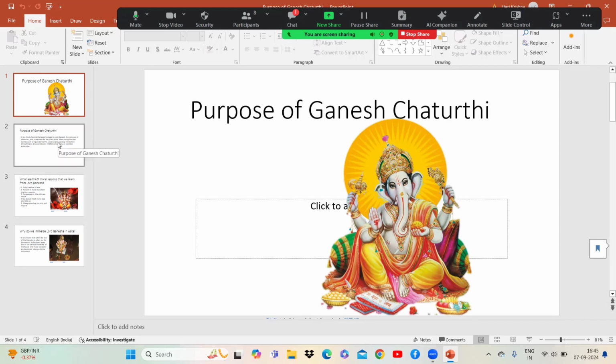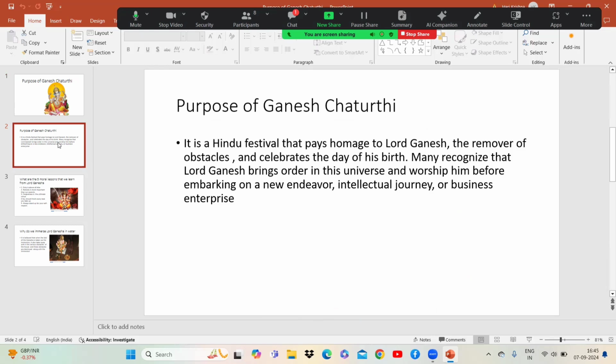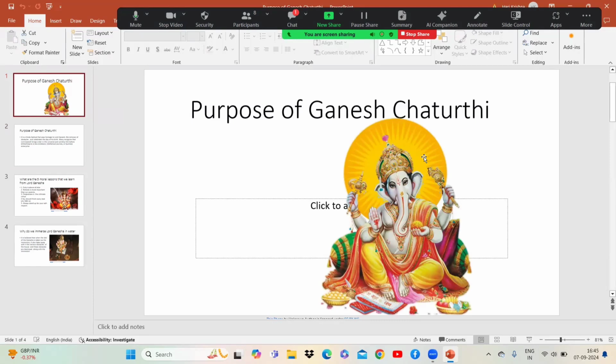And here is an explanation I would like to read out for you. The purpose of Ganesh Chaturthi: it is a Hindu festival that pays homage to Lord Ganesh. So the picture that you have just seen, this one, he is Ganesh, he is a Lord, according to the Hindus, he is a God of education, God of wisdom, God of knowledge.